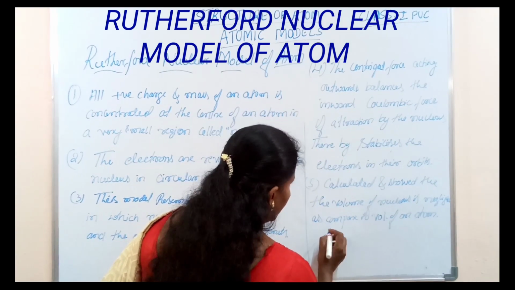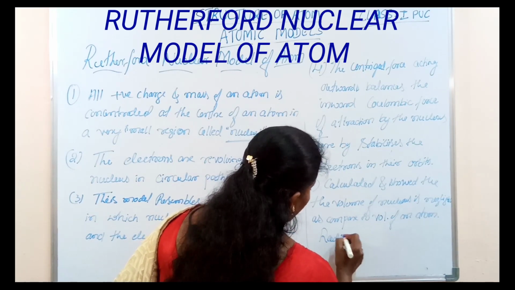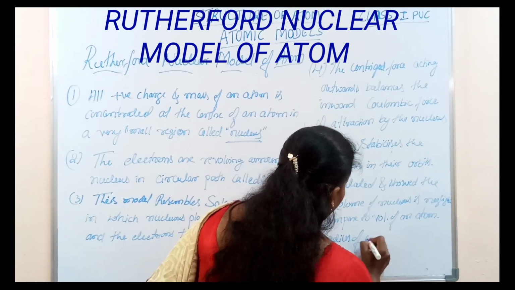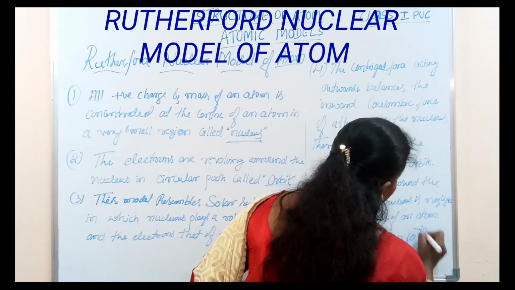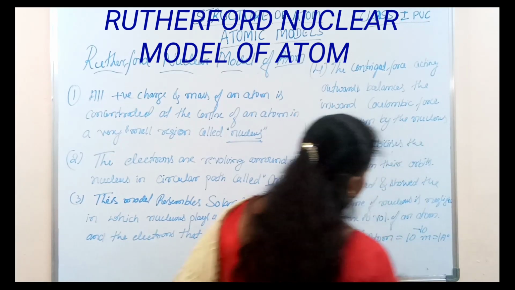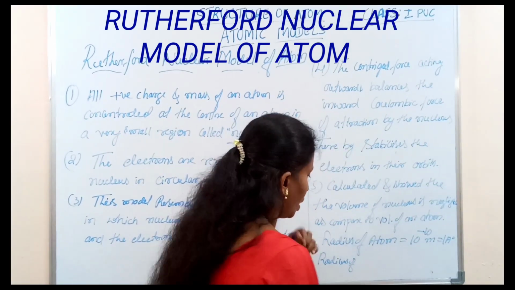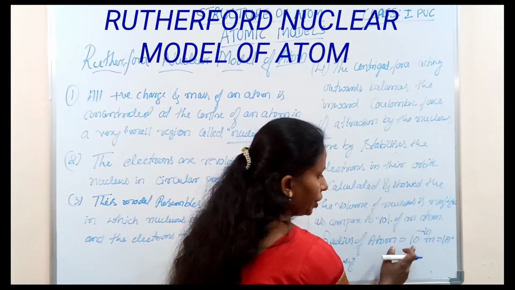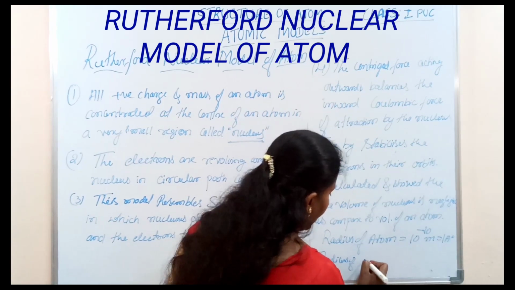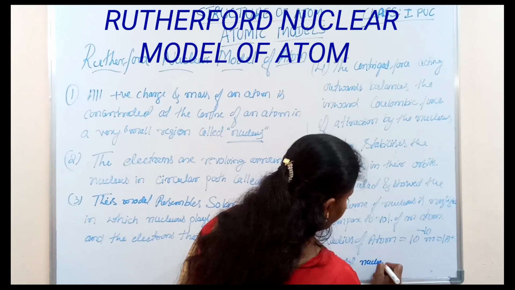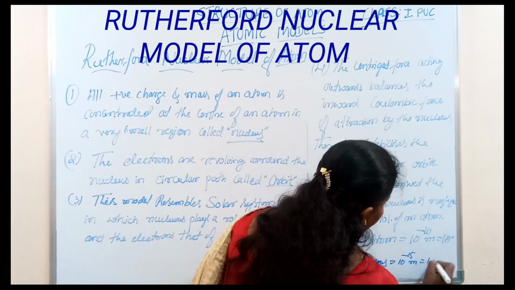He found that the radius of an atom is approximately 10 to the power of minus 10 meter, that is 1 Angstrom unit, and the radius of the nucleus is equal to 10 to the power of minus 15 meter, that is 1 Fermi.